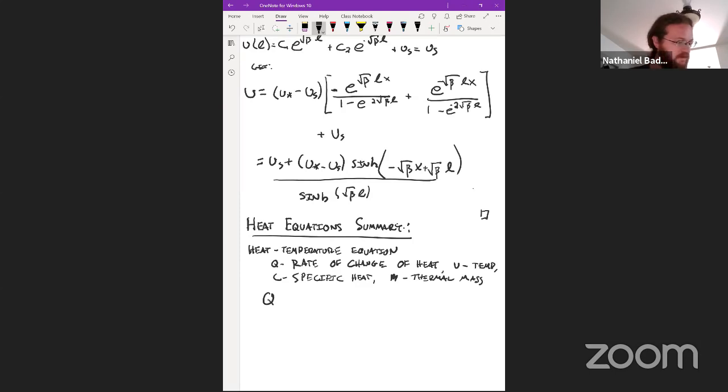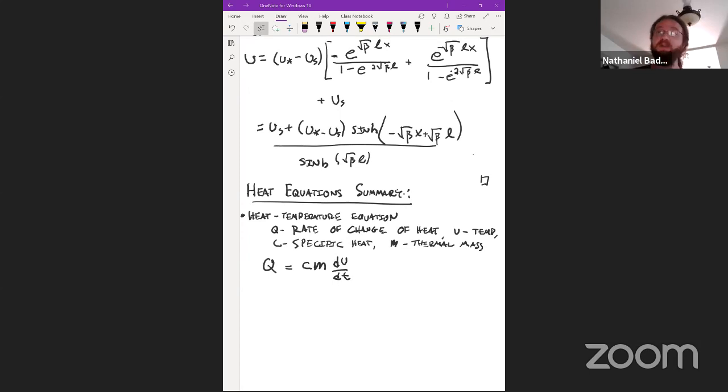We had that Q was equal to C m du dt. So that was our first equation relating heat, the quantity that we care about, with temperature, the sort of measurable property of the system. So we had Newton's law of cooling.